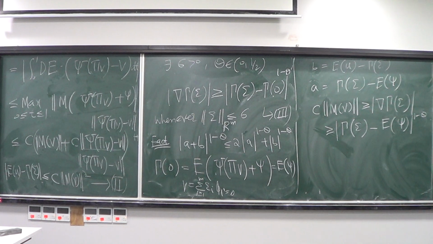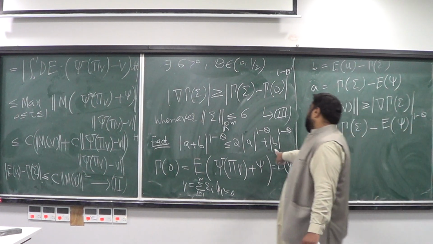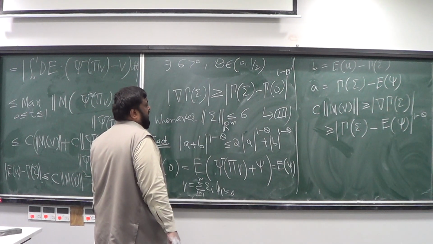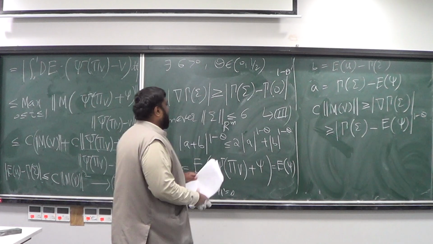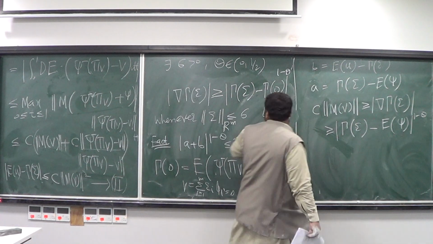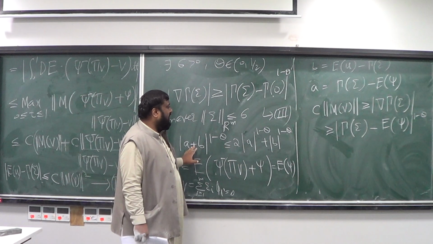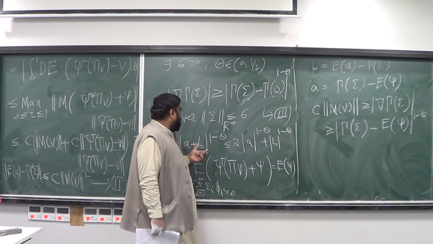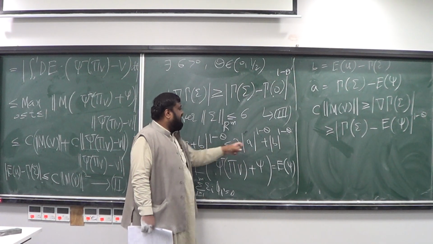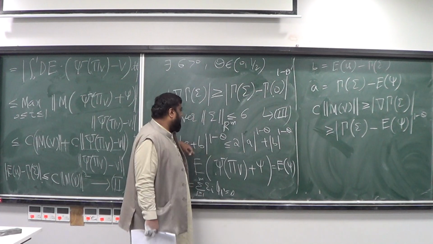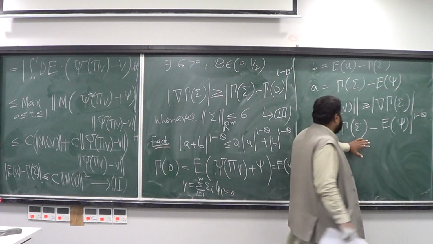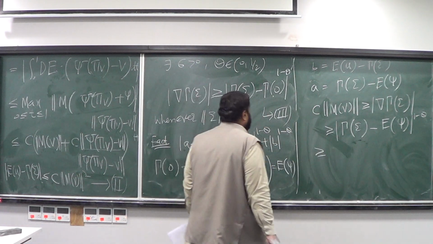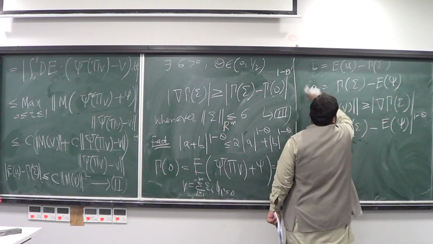Now if I use this inequality by choosing a as this and b as this, then a to the power 1 minus θ is going to be bigger than or equal to (a plus b) to the power 1 minus θ minus b to the power 1 minus θ, divided by 2. What would be the sum of these both?